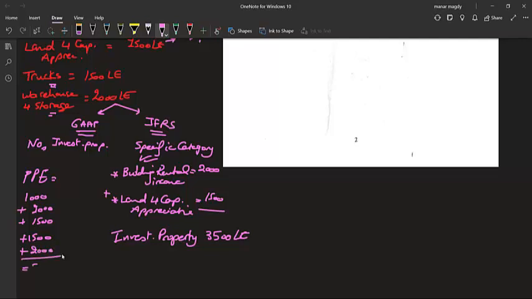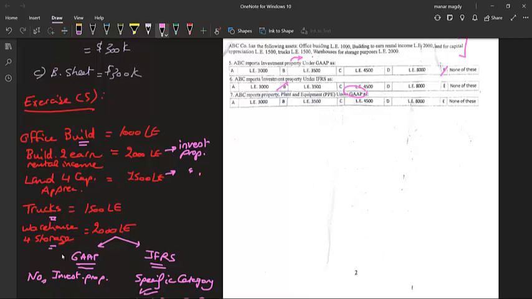So the total summation would be 8,000 LE. Let's refer back to our choices. It would be choice number D.